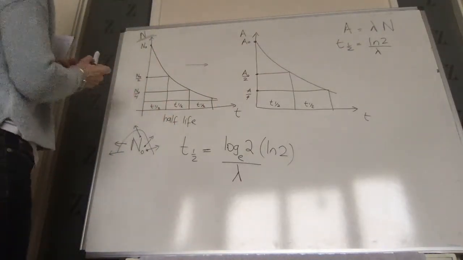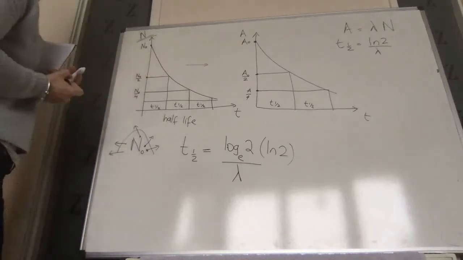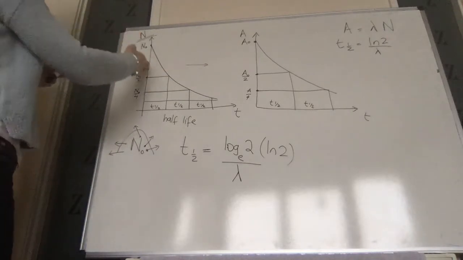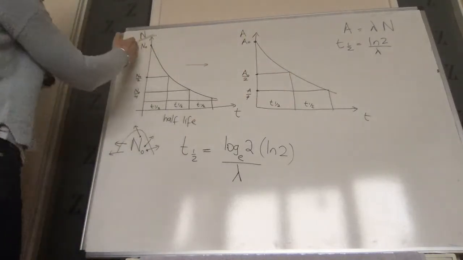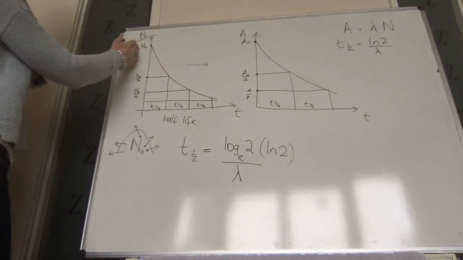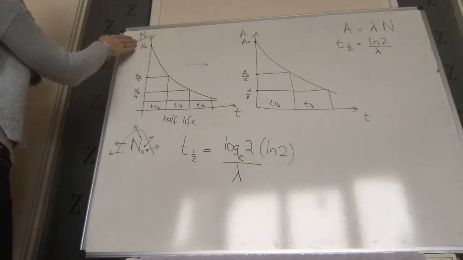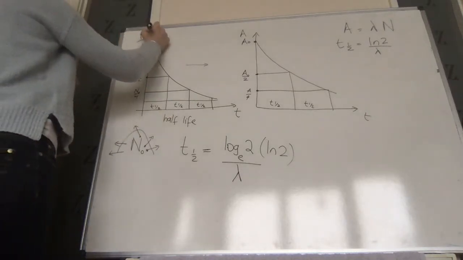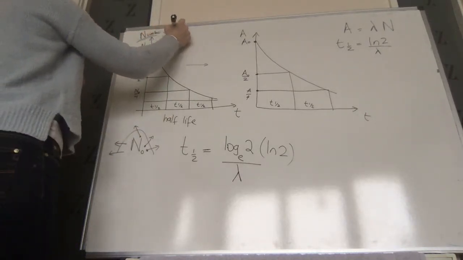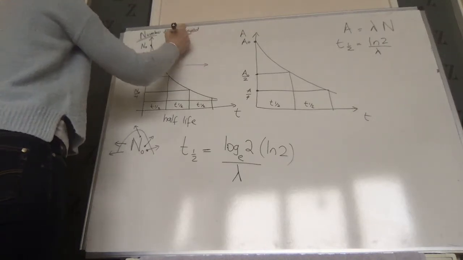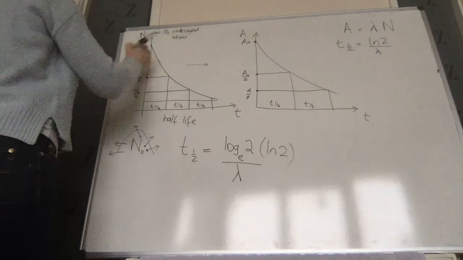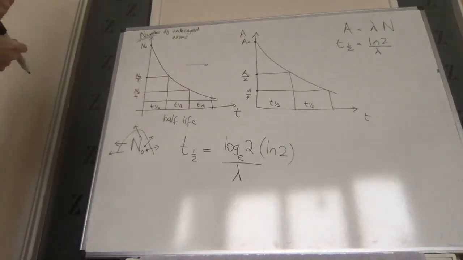If N is changing, then A is changing in a similar way. Make sure you know that both graphs, activity over time and the number of undecayed nuclei or atoms over time, have this shape. So be aware of that.